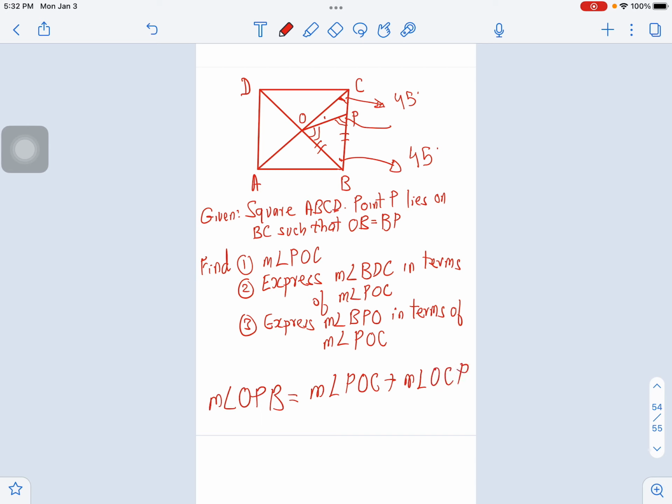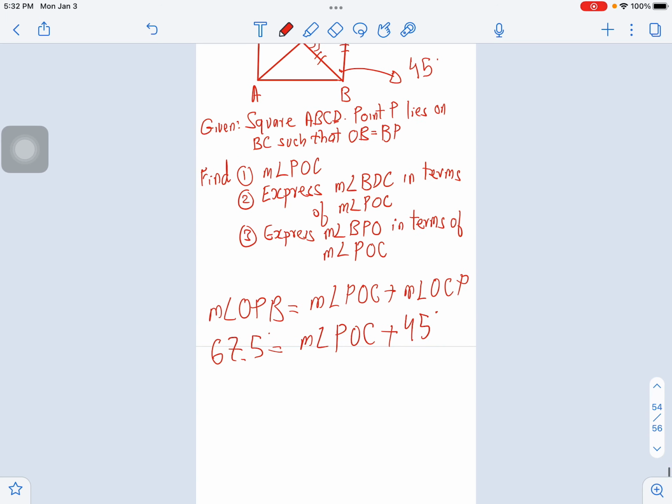If I were to plug in the values, this is 67.5 degrees, this is unknown, and this is 45 degrees, isn't it? And therefore I would get measure of angle POC equals 22.5 degrees. So we found this as 22.5 degrees.